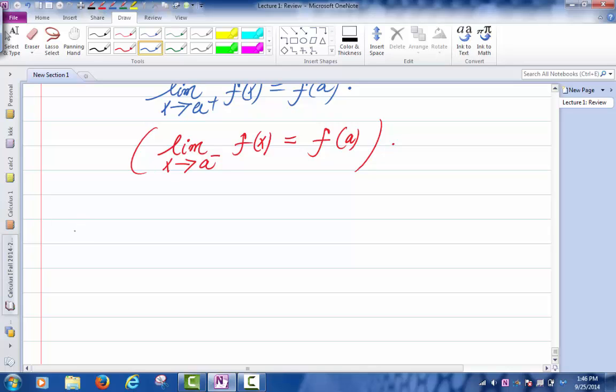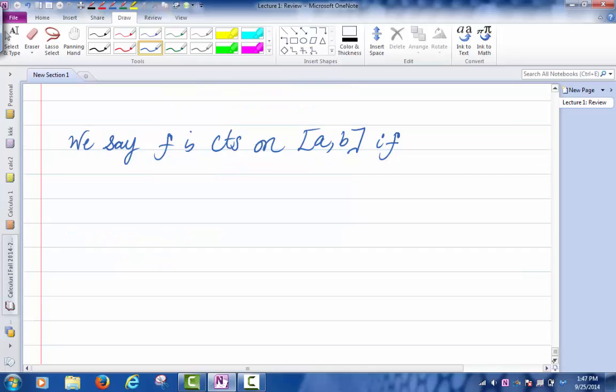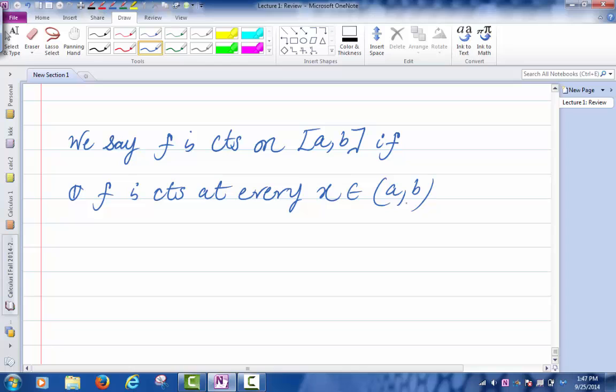When I say f is continuous on an interval from a to b, we say f is continuous on an interval from a to b if, one, f is continuous at every x inside of the interval from a to b. So these are interior points in the interval.